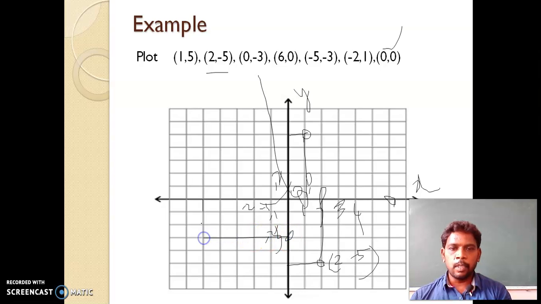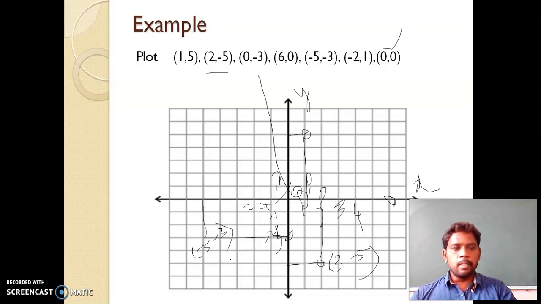Okay, so that is the position of minus 5 comma minus 3, right? When you are drawing in your graph notebook, just draw a horizontal line and also a vertical line. Okay, and then plot the point, right?